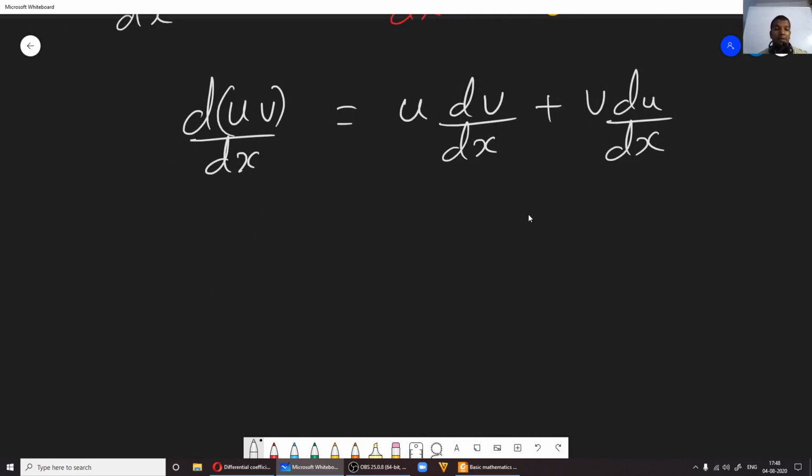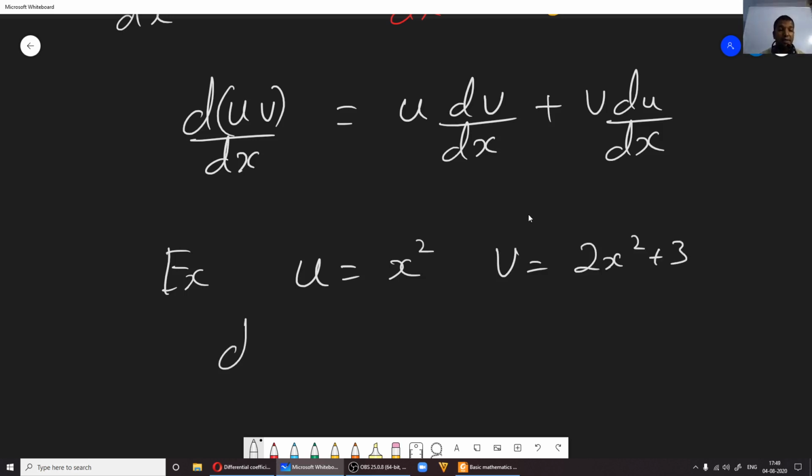Now, an example. If you take an example, you can say u is equal to x square, and v is equal to x cube plus 1, or you can say 2x square plus 3. Then you can say d by dx of x square into 2x square plus 3.